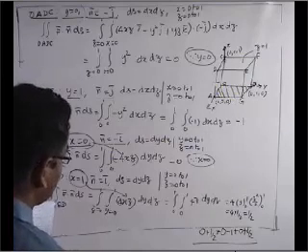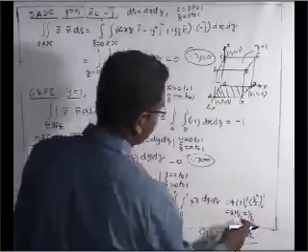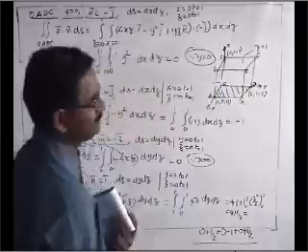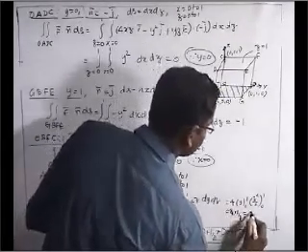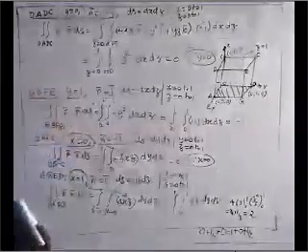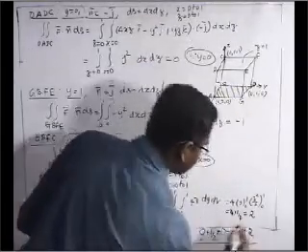I think the last one there is a mistake. It should be 2. 4 into 1 by 2 is 2. So this is equal to 2.